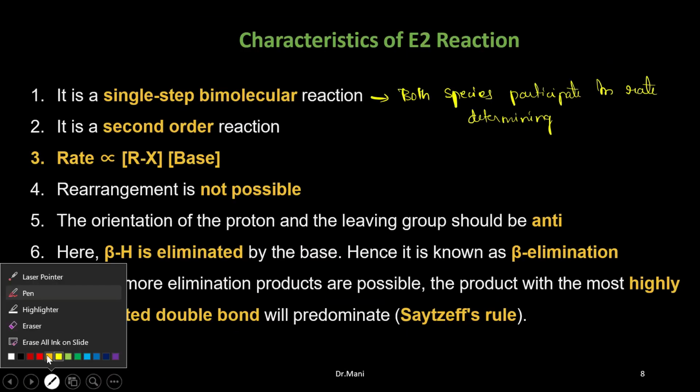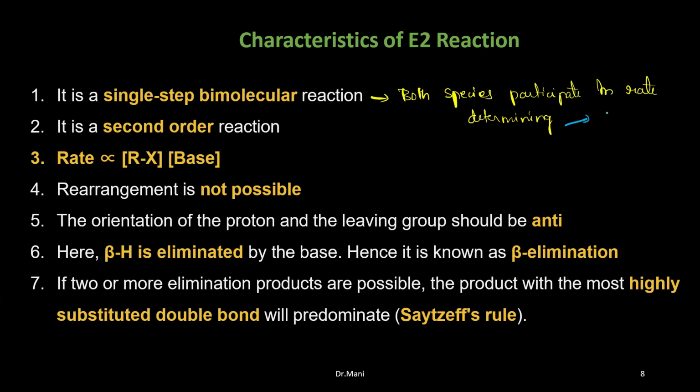Remember that one is the alkyl halide and the other is whatever base you are taking. Their concentrations both determine the reaction rate. That's why both species participate in the rate determining step, so we call this a single step bimolecular reaction.